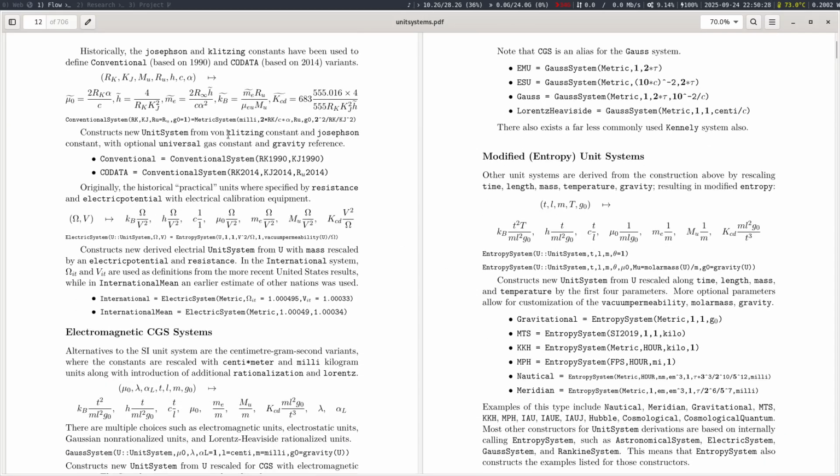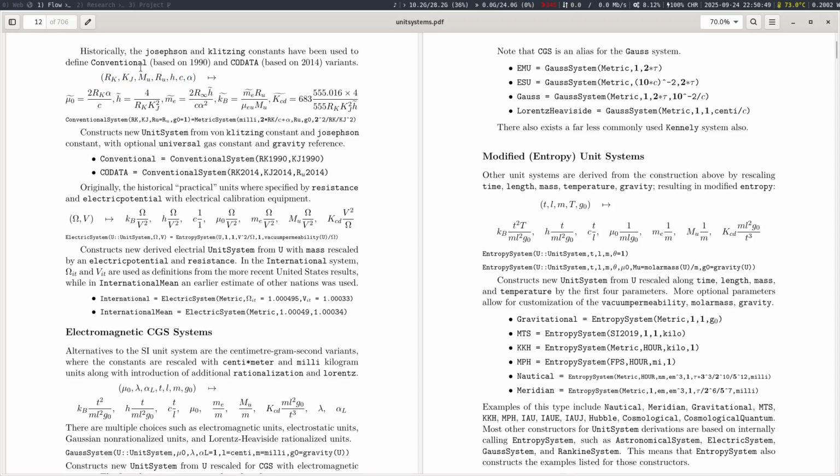Historically, the Josephson and Klitzing constants have been used to define the conventional system based on 1990 and CODATA based on 2014 variants. So this is a little bit simpler.